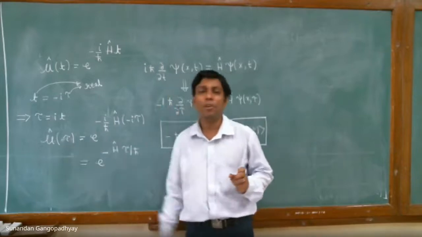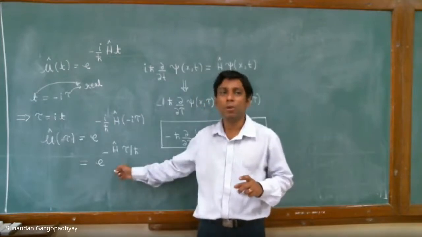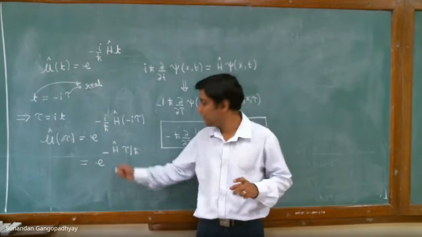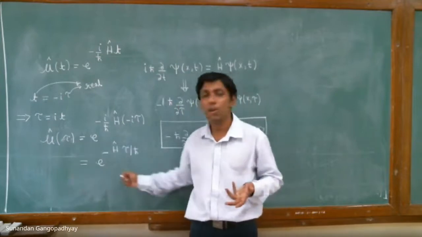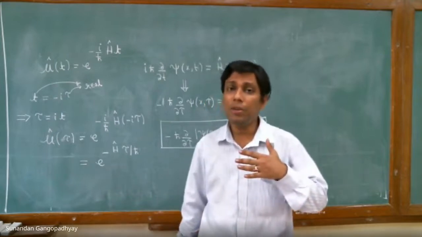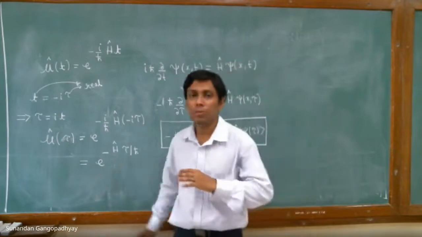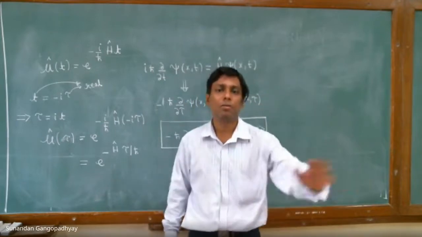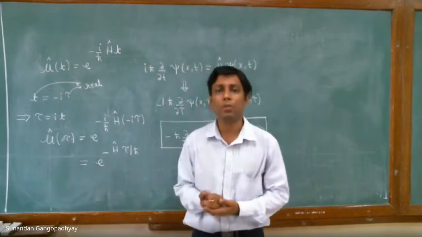Therefore, this time evolution operator in this case is not unitary anymore, but rather it is Hermitian. Because H hat is Hermitian, therefore U hat tau is also Hermitian. It is not unitary, and therefore states will not evolve in a unitary way. In this case, the norm of the states will not be preserved because the time evolution is no longer unitary.